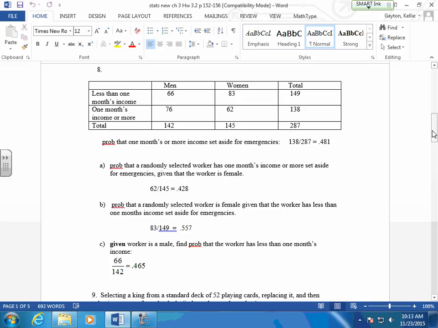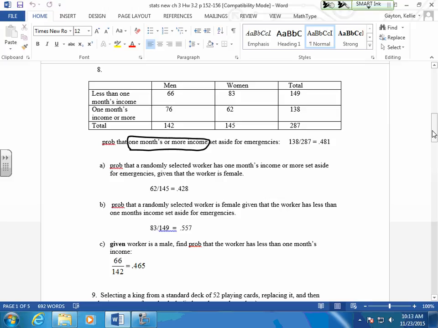Okay. The probability that 1 month or more income was set aside for emergency. I have less than 1 month's income set aside, 1 month's income or more set aside. Do I have any other things that are contingent on this? Just that, right?